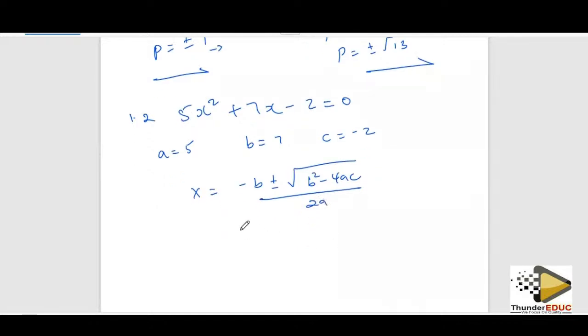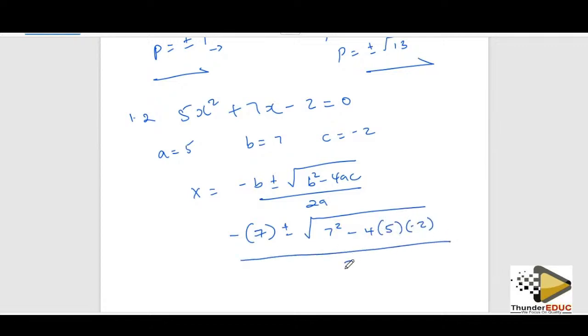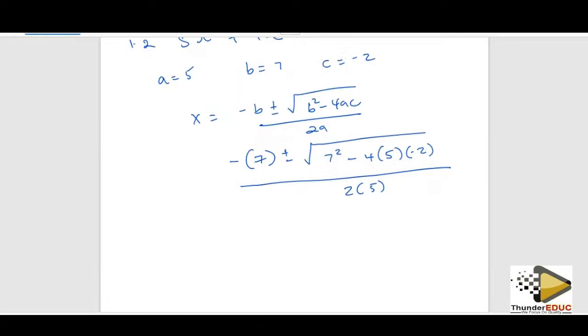We do the substitution, so that's negative 7 plus or minus the square root of 7 squared minus 4 times 5 times negative 2, and everything is divided by 2 times our a, which is 5. Okay. So if I punch that into my calculator, so this will be it.